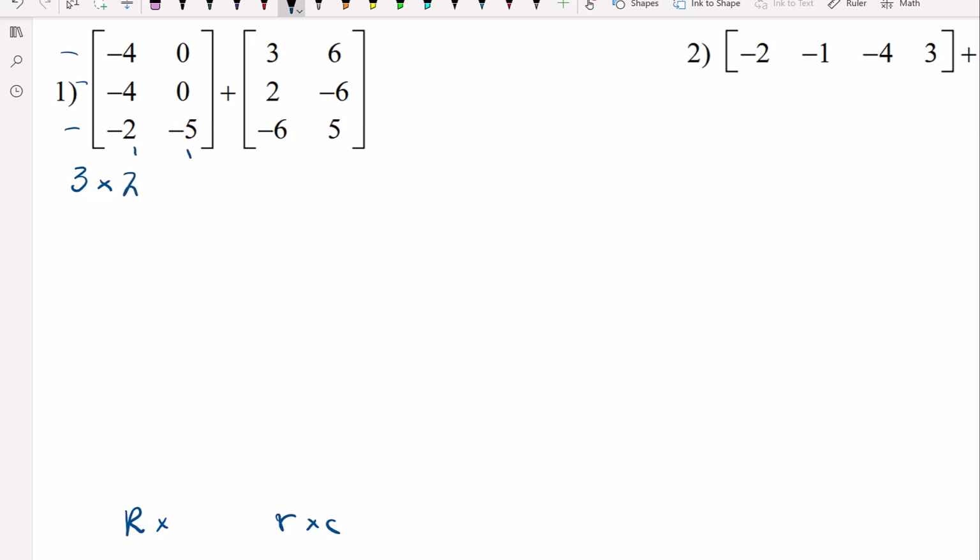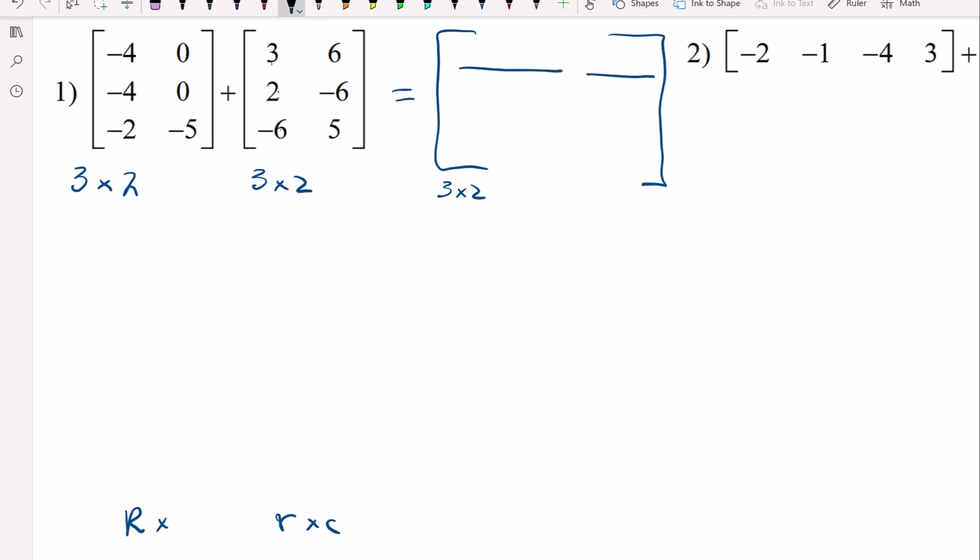So this is a 3 by 2. 1, 2, 3, 3 rows. And if their size is the same, then you can go ahead and add. So this is going to be a 3 by 2. I'm going to leave some space because I'm going to show the adding later. You won't have to do this.